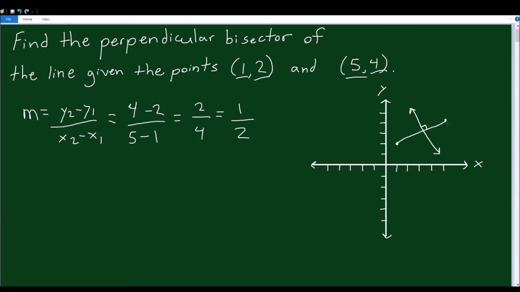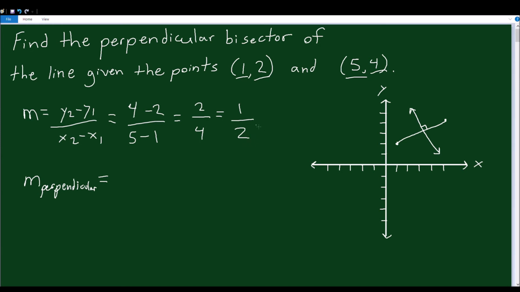So if we have a line that's perpendicular to that, 90 degrees, the slope of the perpendicular is equal to the negative reciprocal of this. The negative reciprocal is when we take this fraction, we flip it or invert it.